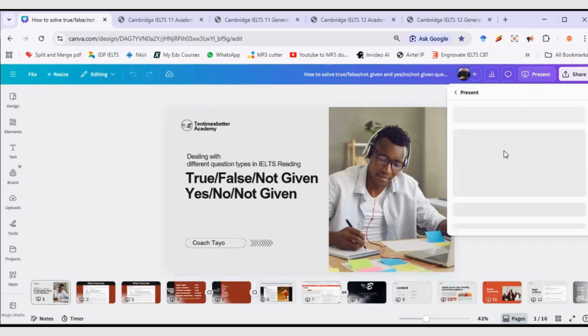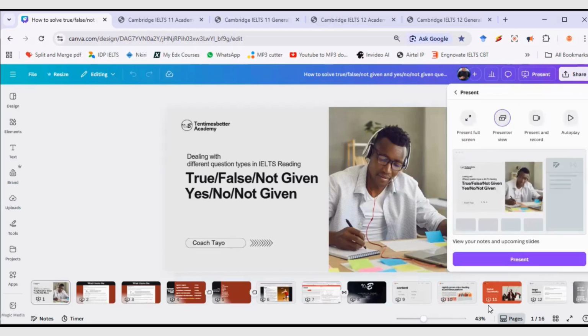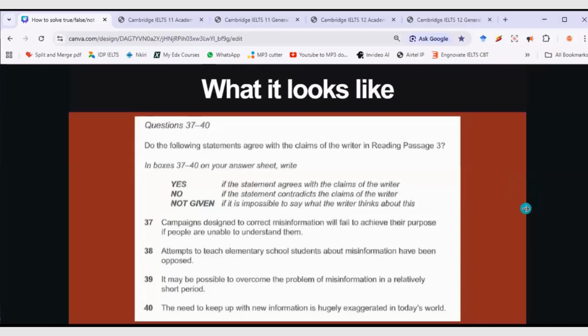Now, what do we mean by not given? Let me explain that issue of not given in detail so that you will understand better what I'm trying to say. When we say not given, it basically means that the statement has injected something that cannot be fully supported or contradicted.